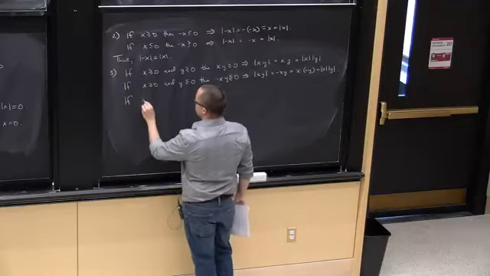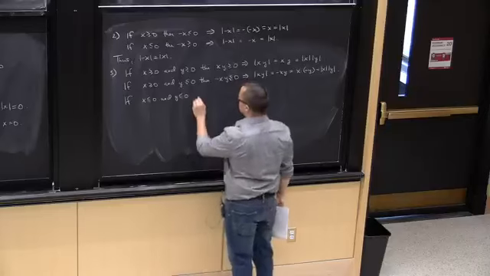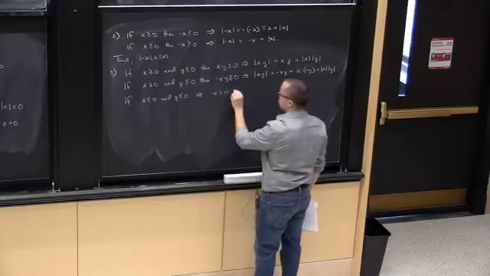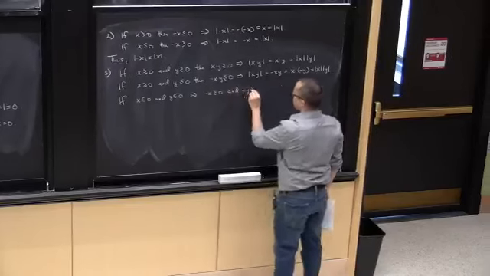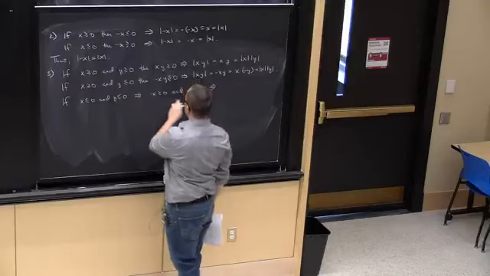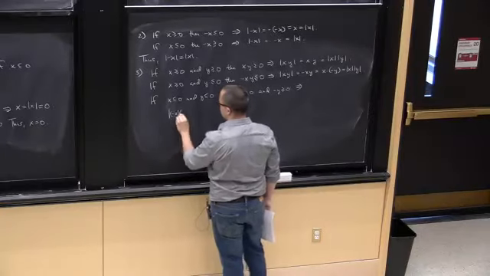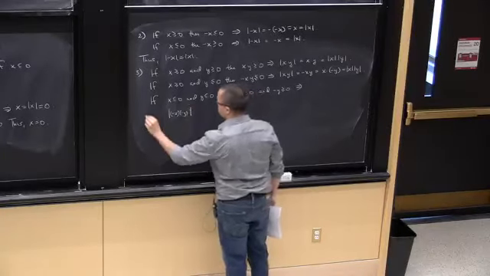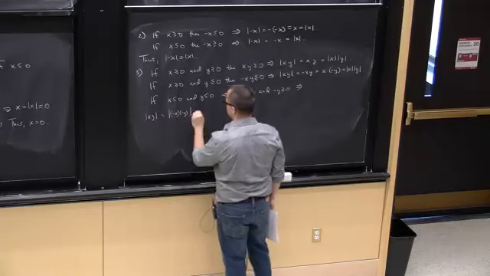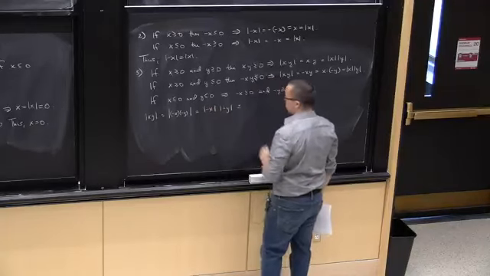And if x is less than or equal to 0, y is less than or equal to 0, then this implies that minus x is bigger than or equal to 0, and minus y is bigger than or equal to 0, which by the first case, which we've proven, now applied to minus x and minus y, I get that the absolute value of minus x times minus y, which is equal to x times y, is equal to the absolute value of minus x times the absolute value of minus y.